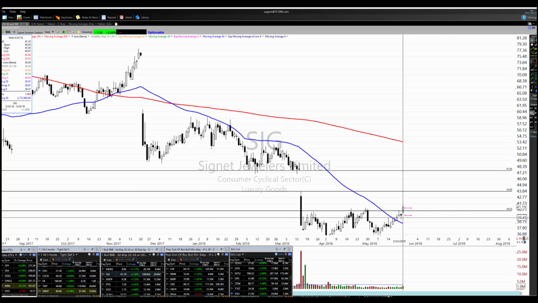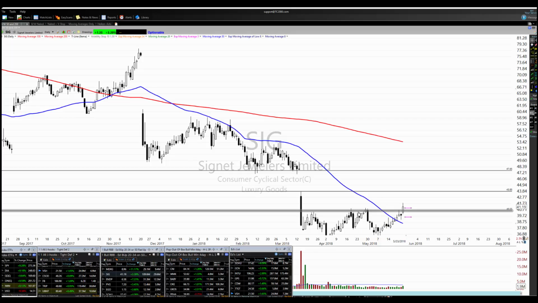So it's not too far below where I was at. Basically counting on support from this to protect it. And a first target up here. And a second target up there.